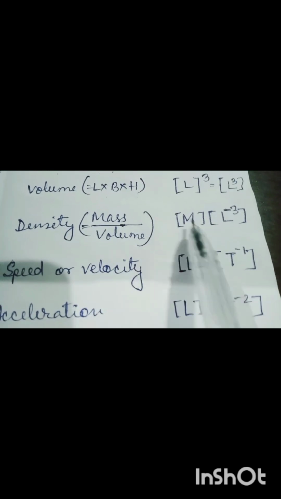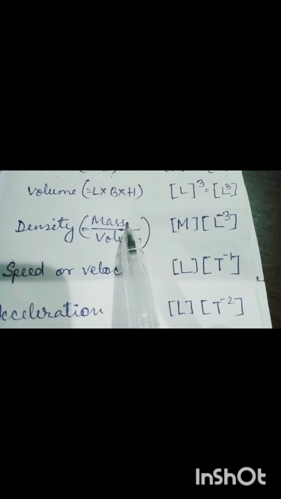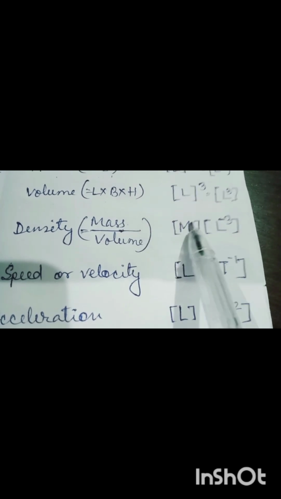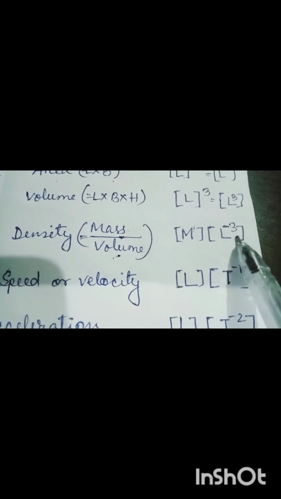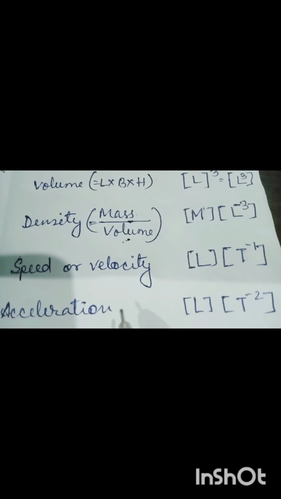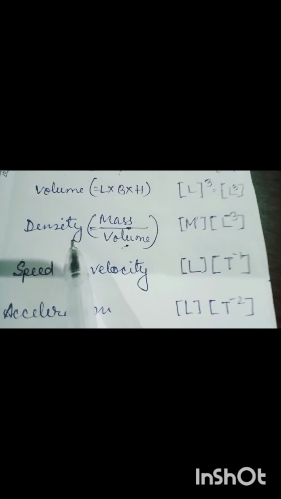Similarly, density is the ratio of mass divided by volume. So mass is used a single time here, so the power of M is 1, and in volume length is used thrice, so the power of L will be L3, and since volume is in the denominator, we have -3 power. So these are the dimensions of density.